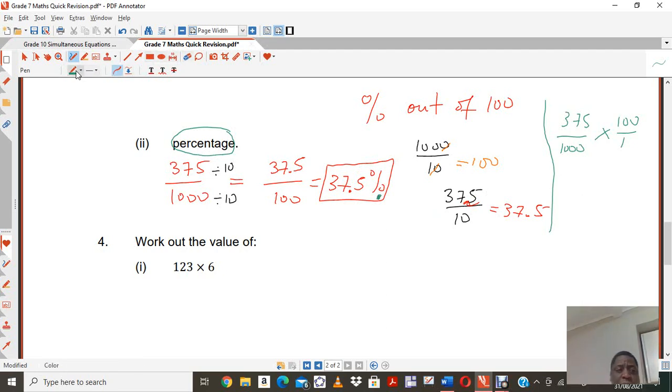So once you do that, and I hope at this level you are aware of how cross multiplication works, basically I am canceling here by dividing by 10. And I can still divide by another 10, so I'm dividing by 100. So what I have left is 375 over 10. Can you see that? And then this gives you nothing but 37.5. And then you include the percent sign in order to have exactly the same answer. So it's totally up to you which method you prefer.